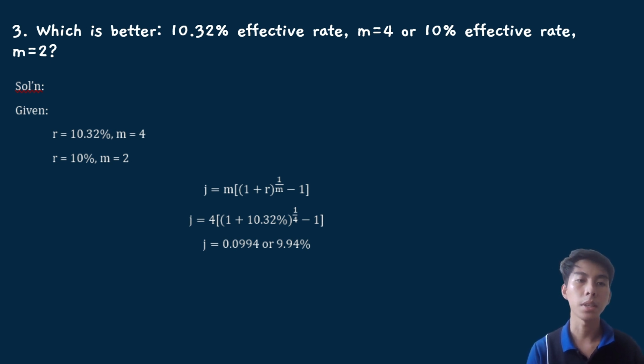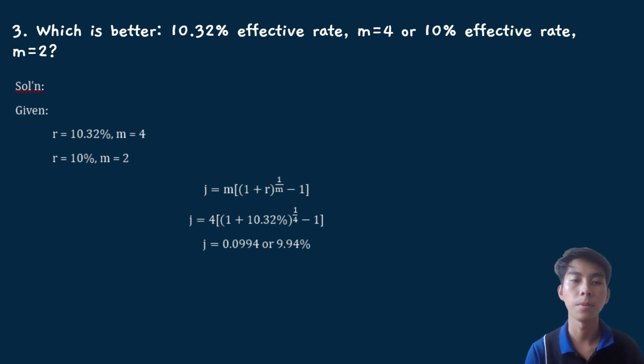We simply substitute the given values for our first given, R equals 10.32% and M is 4. So we have J equals 4 times the quantity of 1 plus 10.32% raised to 1 over 4, minus 1.